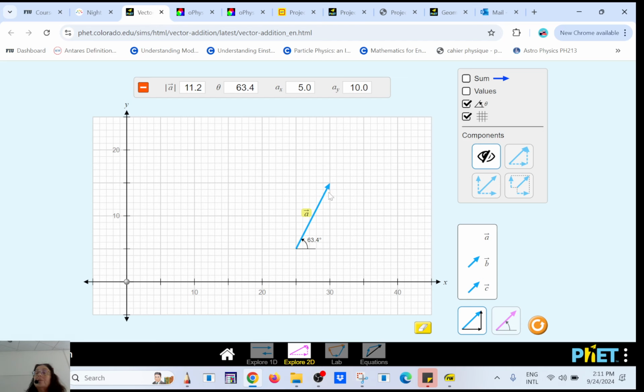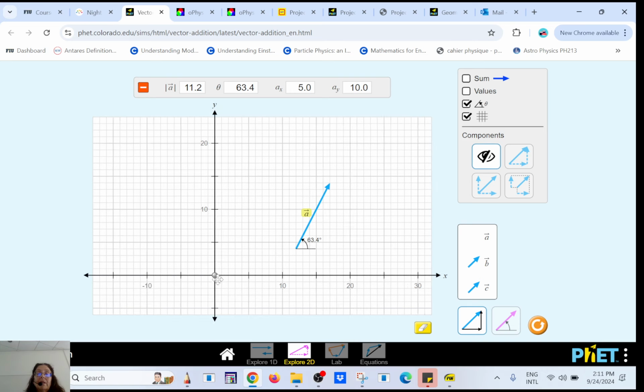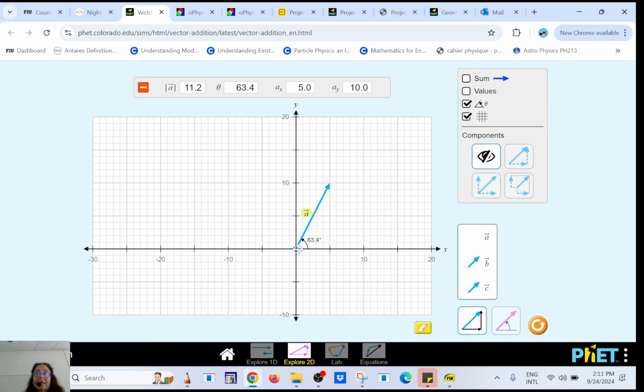So it has a magnitude, how much of what, so it could be meters per second, and a direction. Now I'm going to attach the tail at the origin, so you can move the origin here. That point here will have two coordinates, an x coordinate and a y coordinate.